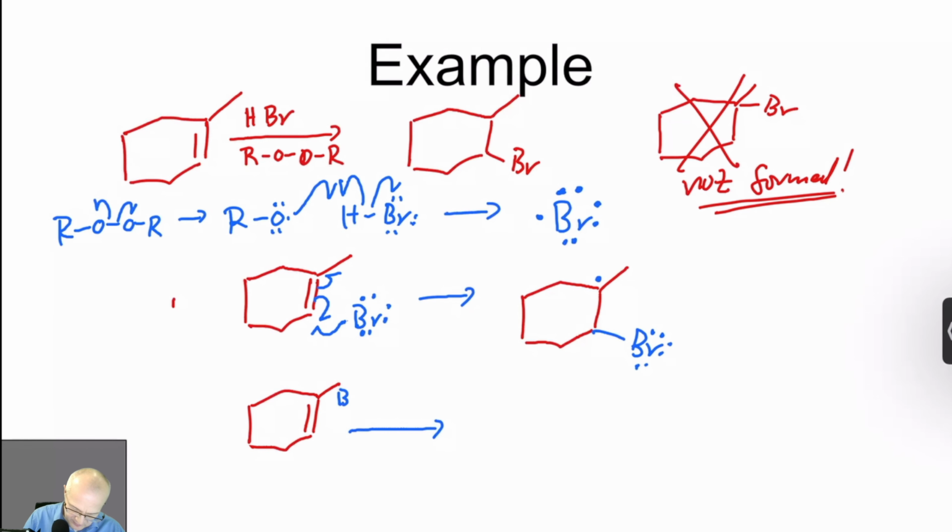Now if we attack from the other side, attack the pi bond from the other way, you'll get the other intermediate radical.